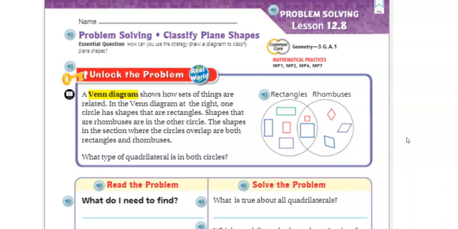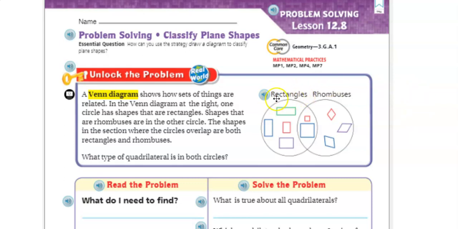It says, a Venn diagram shows how sets of things are related. In the Venn diagram at the right, one circle has shapes that are rectangles. Shapes that are rhombuses are in the other circle. The shapes in this section where the circles overlap are where both the rectangles and rhombuses have something in common. Now, we've done Venn diagrams.